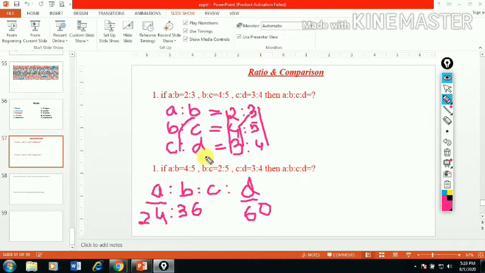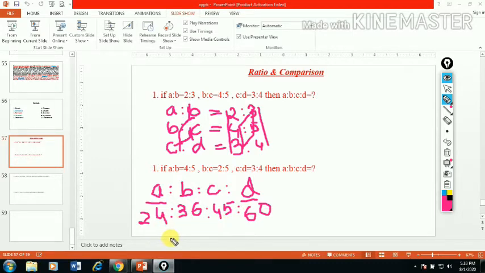For C, you multiply 3 with 5, then 3: 3 multiply 5 is 15, 15 multiply 3 is 45. So it becomes 24 is to 36 is to 45 is to 60.